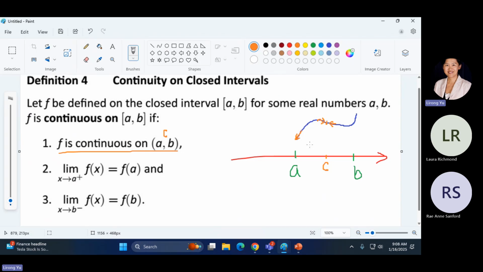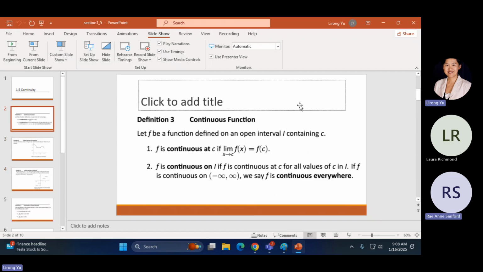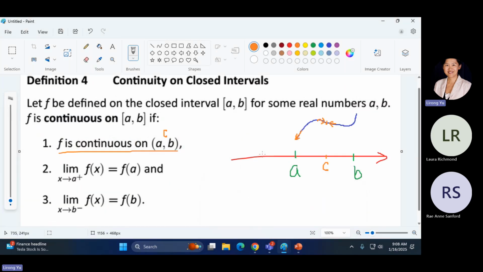Therefore, we don't have the two-sided limit situation, so continuity fails or cannot even be defined. The two-sided limit, x approaching C, equal to f of C, can't happen. Therefore, we still want to guarantee the continuity at that point. What do we do? We will talk about only the right limit. We're saying the right limit of the function equals the function value at A.